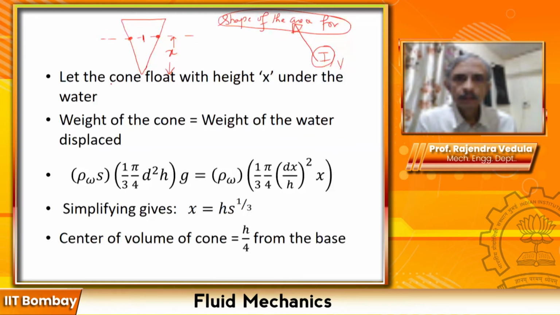Now we use the simple principle of buoyancy and say that the weight of the cone is equal to the weight of the water that is displaced. What is the weight of water displaced? Suppose this is diameter d1. The volume is 1/3 area of the base multiplied by x, multiplied by rho times g.